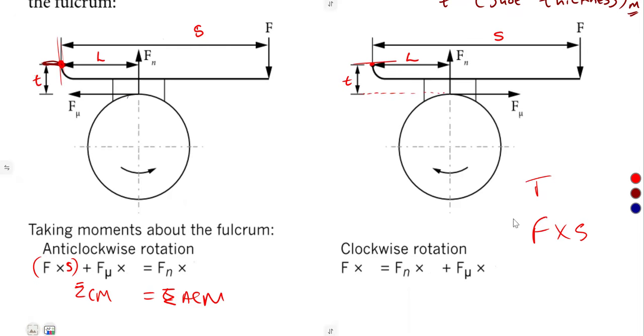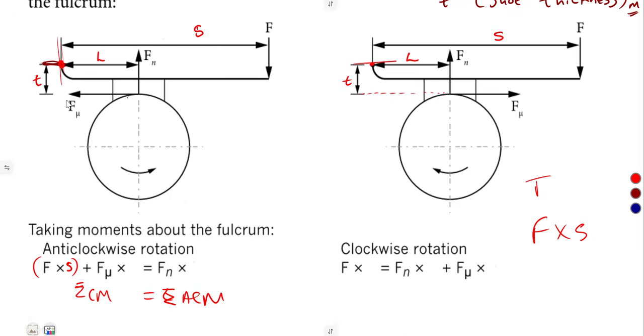And the frictional force, how do you tell whether it is part of the anti-clockwise moment or not? For the friction force, when the fulcrum is above, the frictional force tends to be going up. Remember, the fulcrum is above.